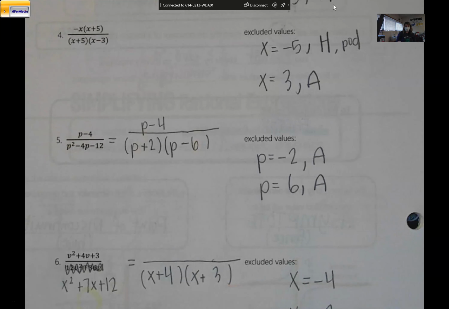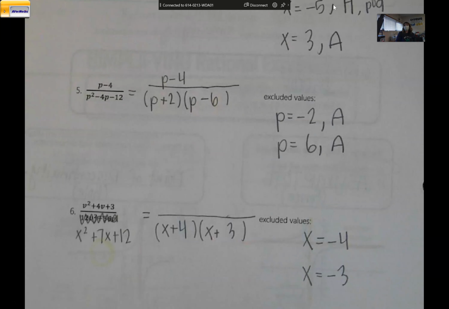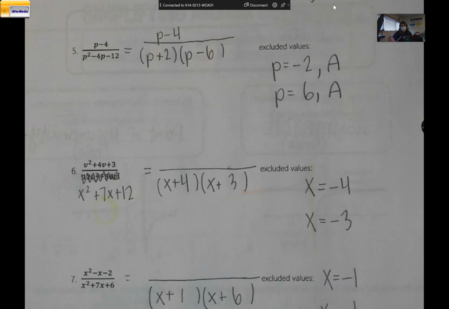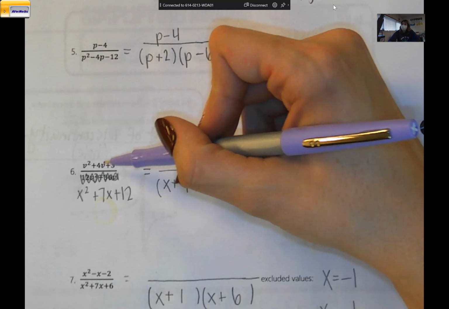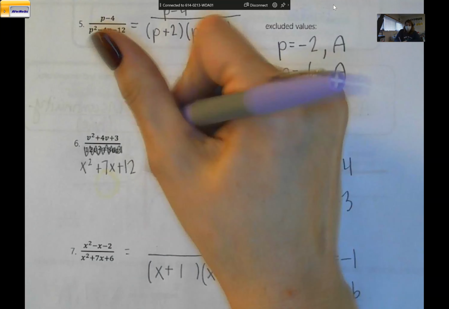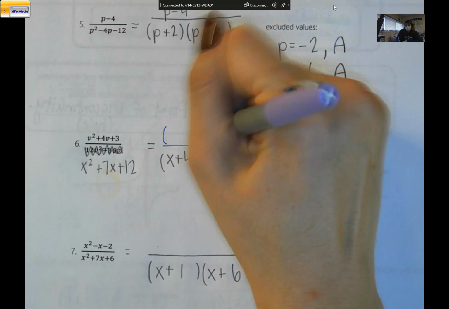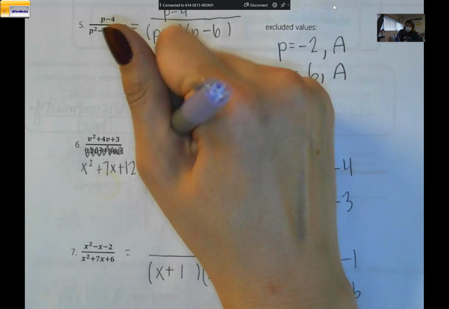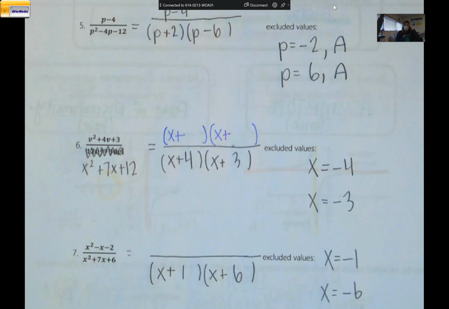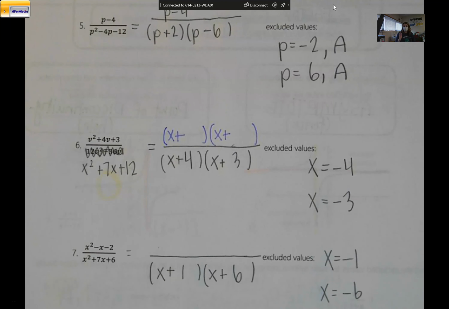Okay, well, let's check our next one. And this is the one now where we have to factor the top as well. So we got to plug into Desmos, x squared plus 4x plus 3, and figure out what those factors are. I'm doing this in a separate color so that when I go to do my quiz, hopefully I'll remember that you only look at the numerator at the end.